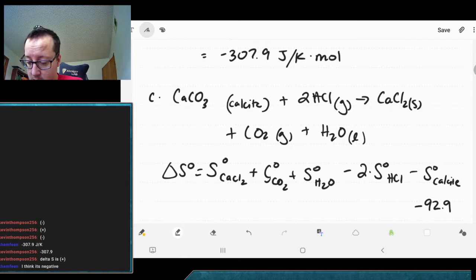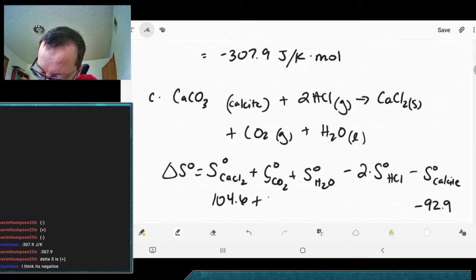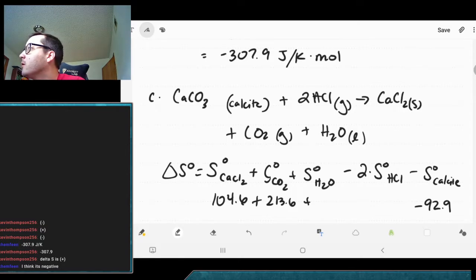We have what other calcium things over here? CaCl2, 104.6. Carbon dioxide, it looks like we have 213.6. Let's see, we need chlorine. So HCl gas is 186.7.